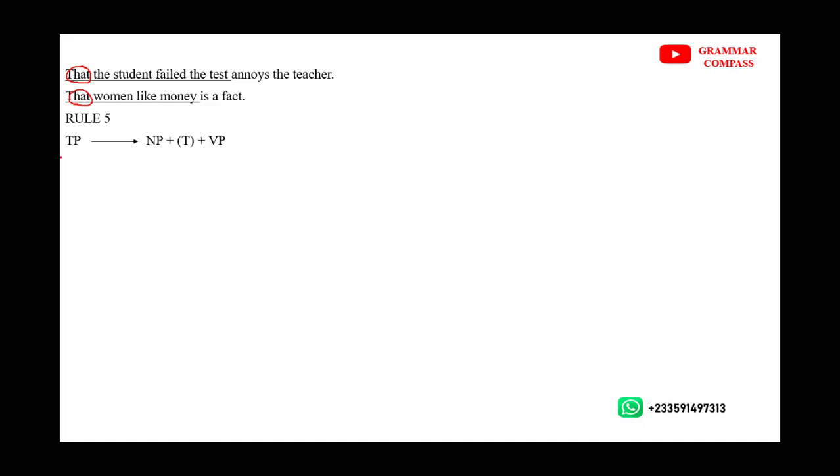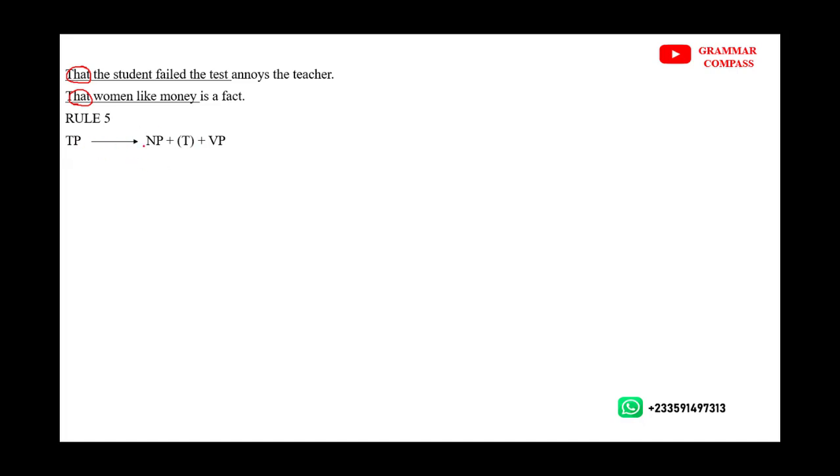We already know this rule of the tense phrase. That is, a tense phrase consists of a noun phrase and a verb phrase. Whenever you have modal or auxiliaries, it will make up the T part of the tense phrase. We already know this from our previous video. Now, if the complementizer phrase can also occupy the noun phrase position, then we need to revise this rule.